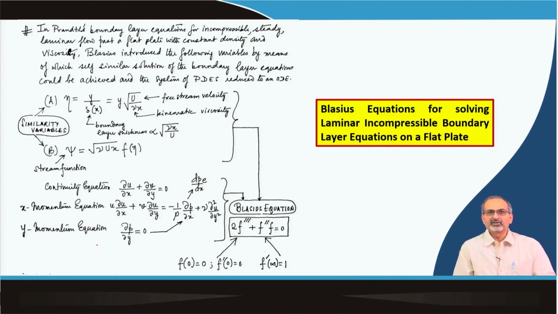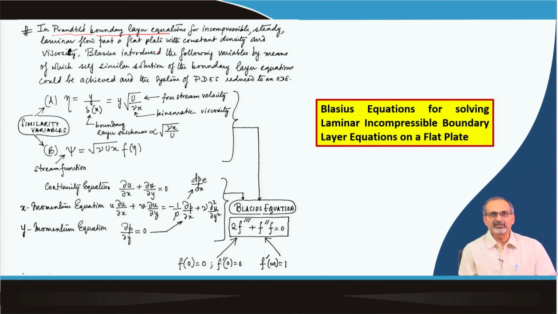A quick recapitulation of the Blasius equations, which are the primary motivation behind all this discussion: that was the equation which was evolved for solving laminar incompressible boundary layer on a flat plate, and it all evolved from Prandtl's boundary layer theory for incompressible steady laminar flow past a flat plate with constant density and viscosity.